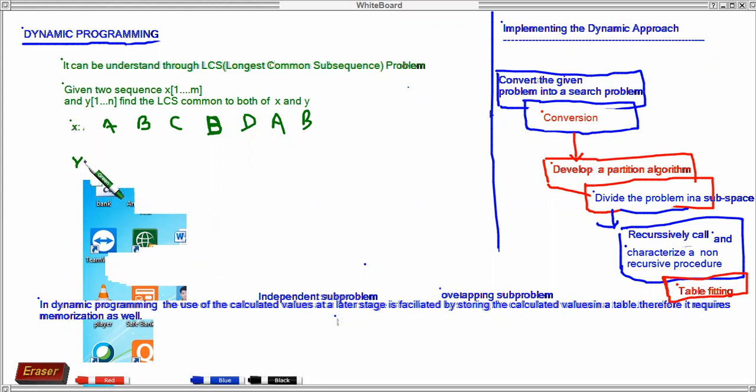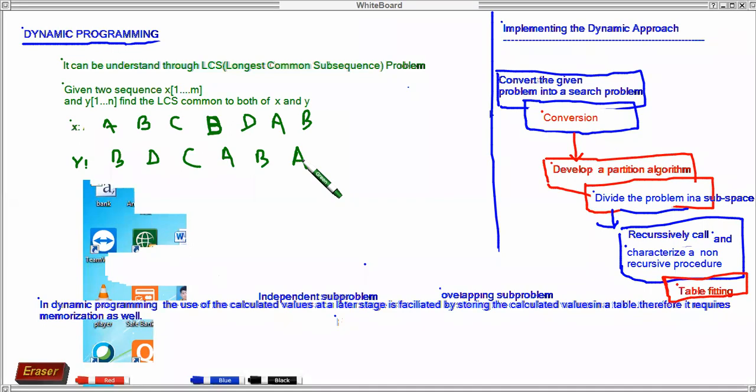Let y be another sequence: b, d, c, a, b, a. Among these, we have to choose a sequence that is present in both, common to X as well as Y.